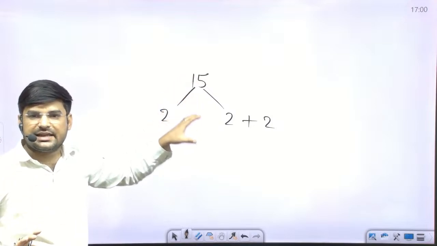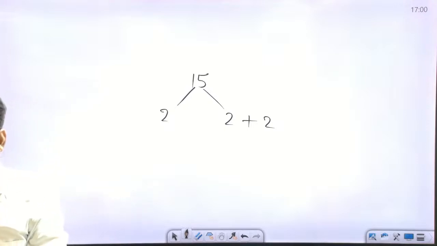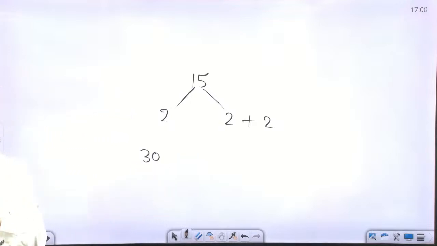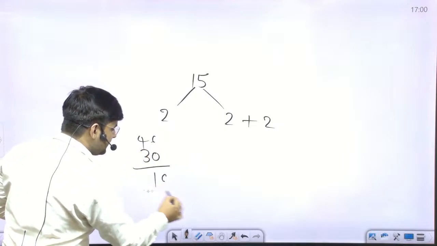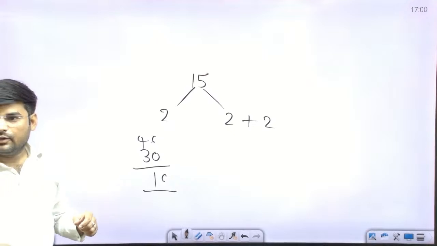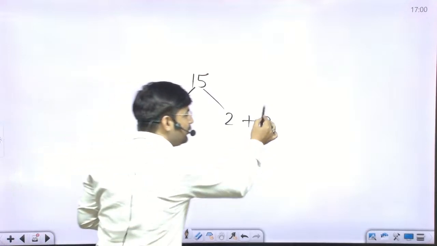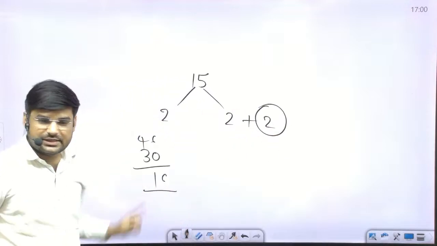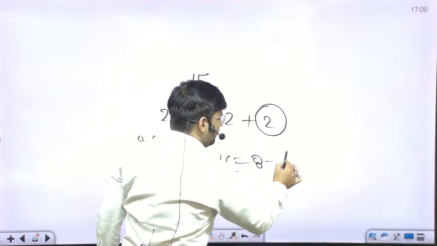If all have only 2 legs, then how many legs do we get? 30. But in the question there are 46 legs. What is the difference? 16. We get 16 more because each cow gives 2 more legs. So 2 times the number of cows equals 16, and 16 upon 2 equal to 8.